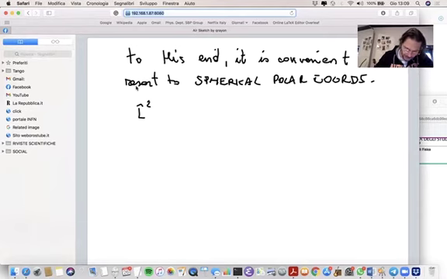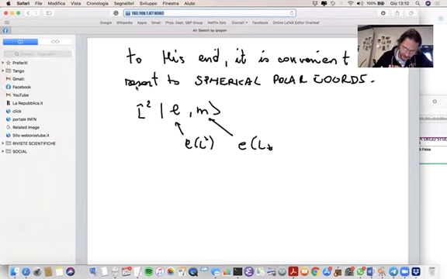Remember we had the notation for the eigenvalue of L squared. It turns out that you can label the eigenvalues of L squared with an integer number. Let me call it L and M. This will tell me what the eigenvalue of L squared is, and this will tell me what the eigenvalue of Lz is.